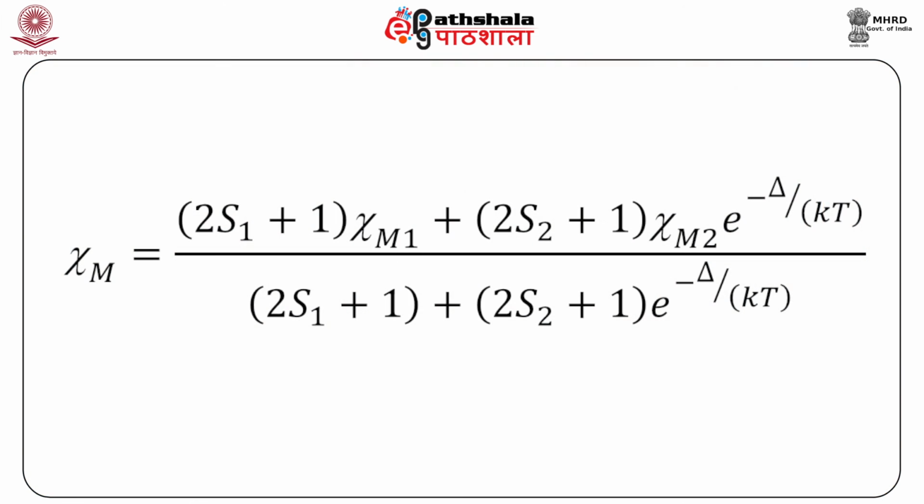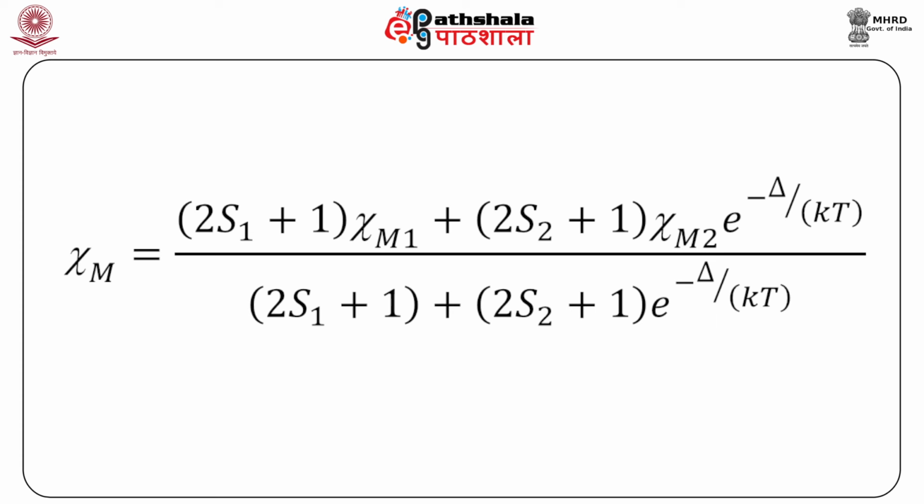The overall magnetic susceptibility of each of these configurations may be taken as the population weighted average of the magnetic susceptibilities of the two terms as shown on the screen, where S1 and S2 are spin quantum numbers, chi m1 and chi m2 are molar susceptibilities of the two spin states, and delta equals E high spin minus E low spin, the energy difference between the two spin states.